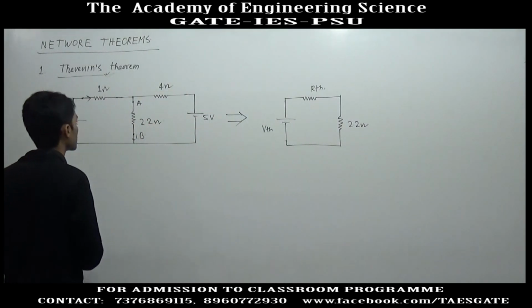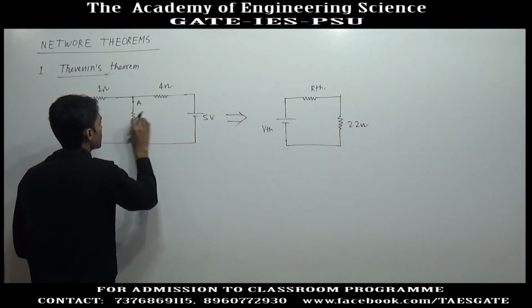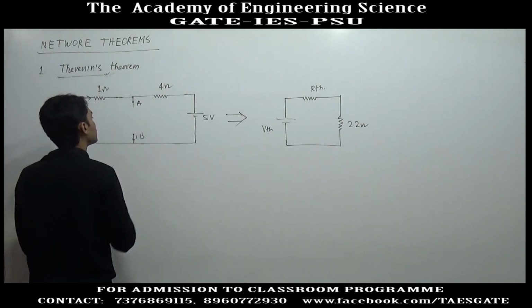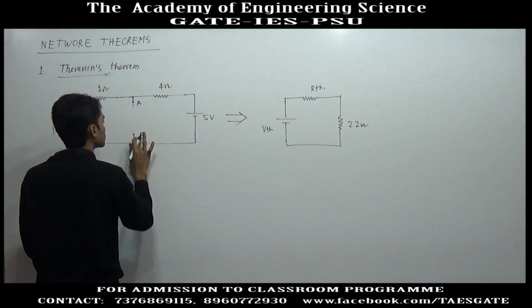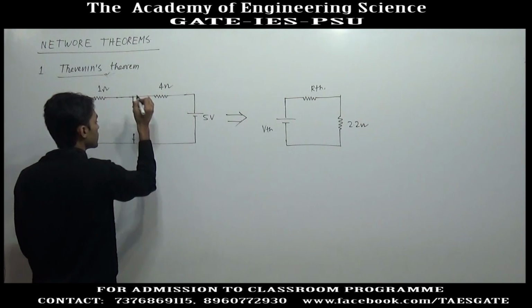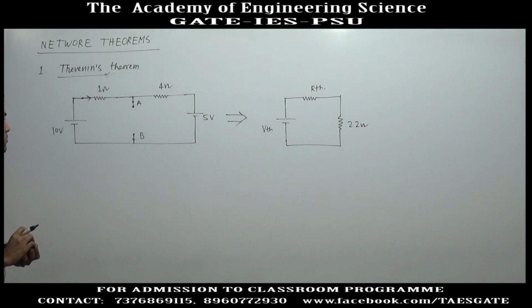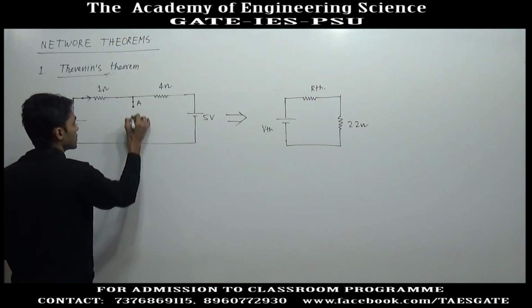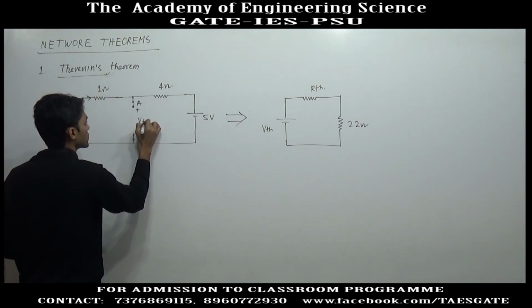VTH is the open circuit voltage about points A and B. So we will first open circuit it and we will run the remaining circuit and try to find out this voltage difference. This is VTH.